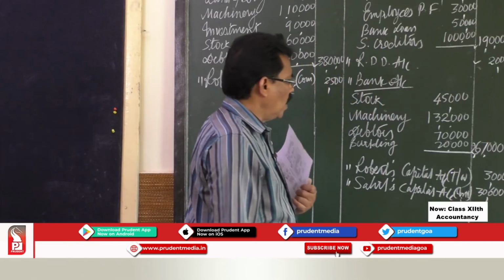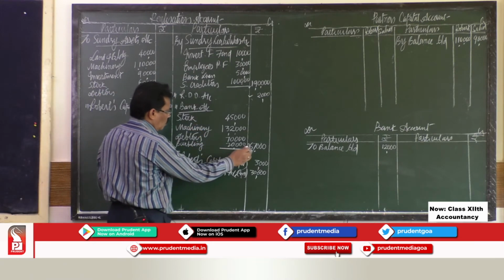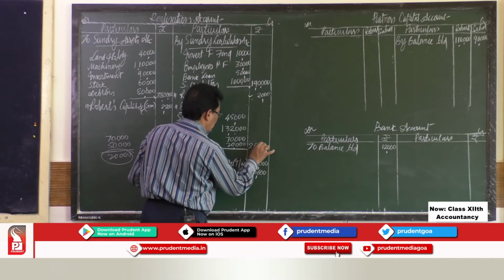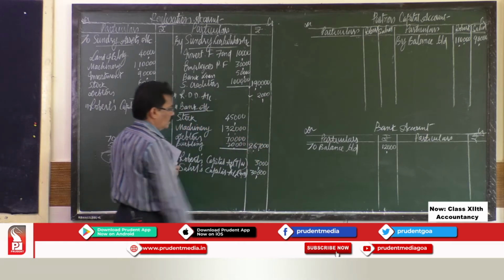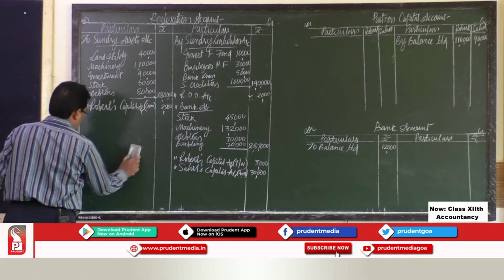So the total amount received on sale of assets is 2,67,000. Now coming to the payment of liabilities.